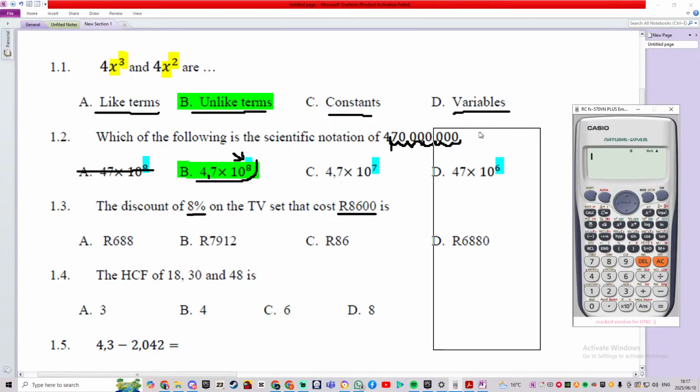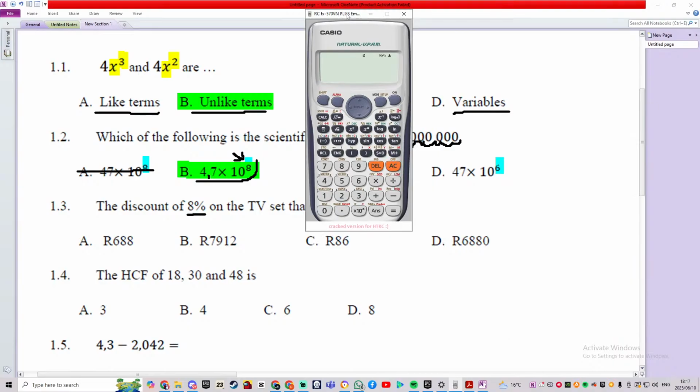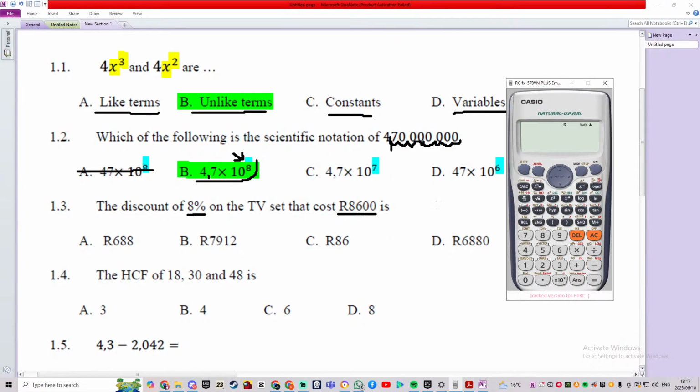So I have my Casio calculator over here. I want to find the 8% discount of this TV. So what do we do? We take 8600 and multiply.